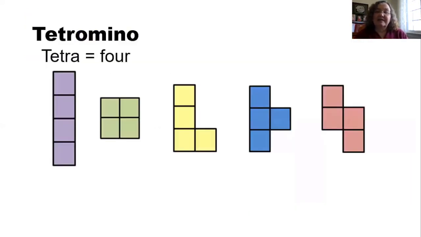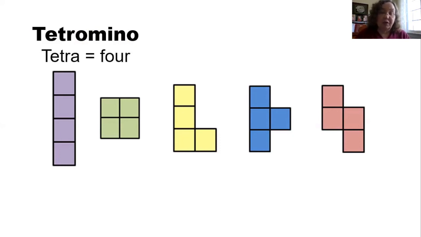Okay, our learning target today said something about tetrominoes. Do you know what a tetromino is? It sounds like domino a little bit, but that word tetra comes from Greek and it means four. So a tetromino has four squares. So look at the purple and we can count. We can see there's four. 1, 2, 3, 4. Look at the green figure.